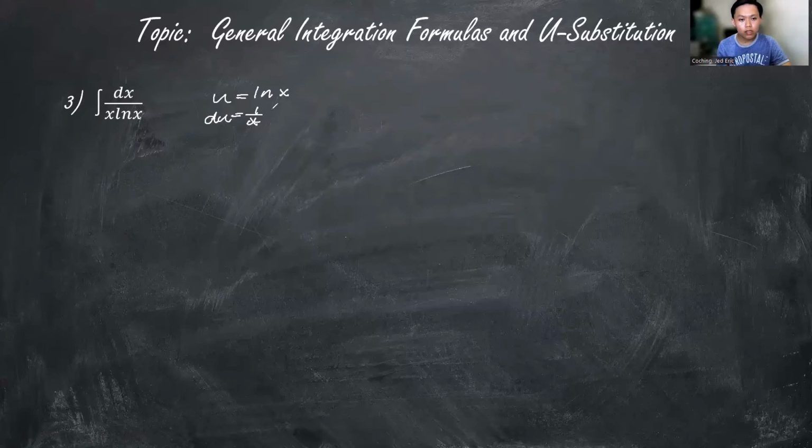1 over x dx. So this is just going to be the integral of du over x, and due to the derivative of ln x being 1 over x, we cancel this out. So the only thing remaining is ln x, which is equal to u.